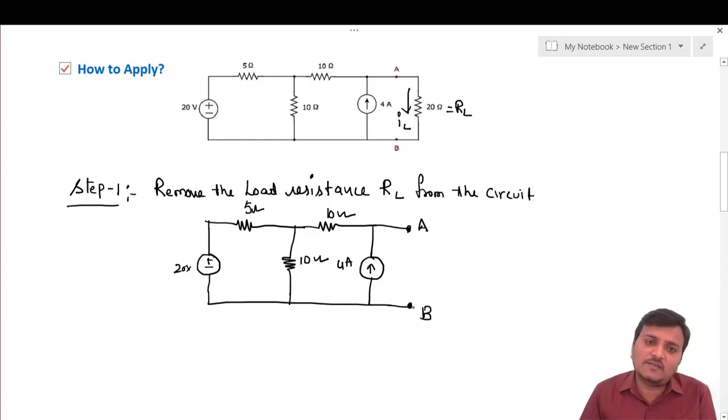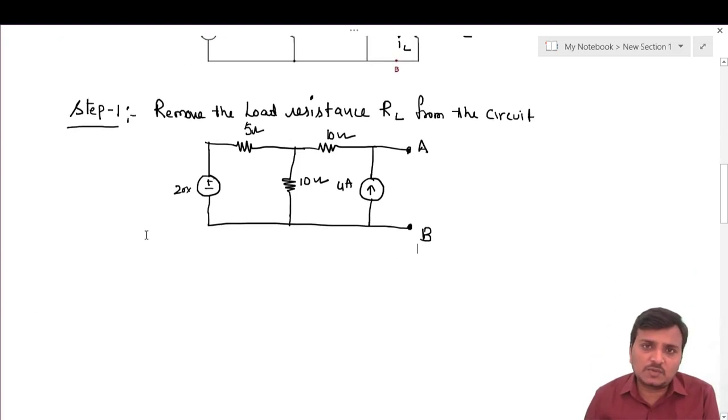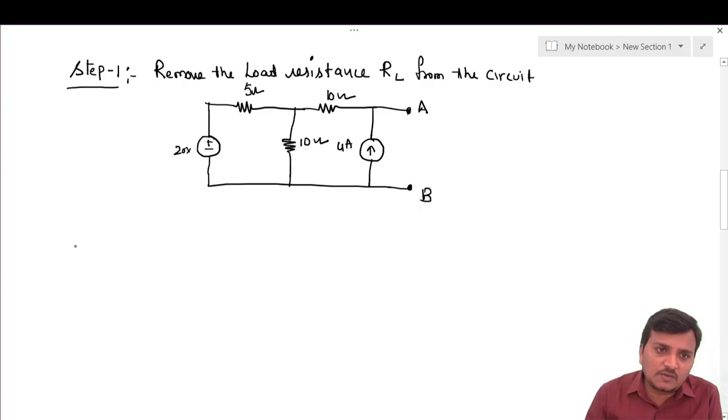When you want to apply Thevenin's theorem, first, whichever branch you consider as the load resistance, remove that branch from the circuit. So in step 1, for the given circuit, I just remove the 20 ohm resistor RL. That's step 1. Now move to step 2. After removing this, what is step 2?